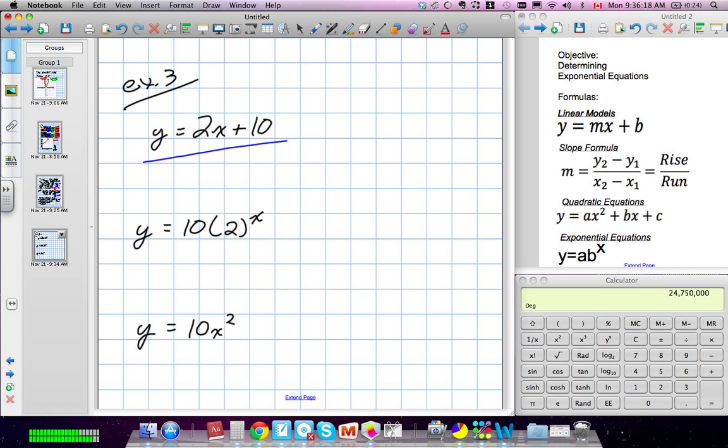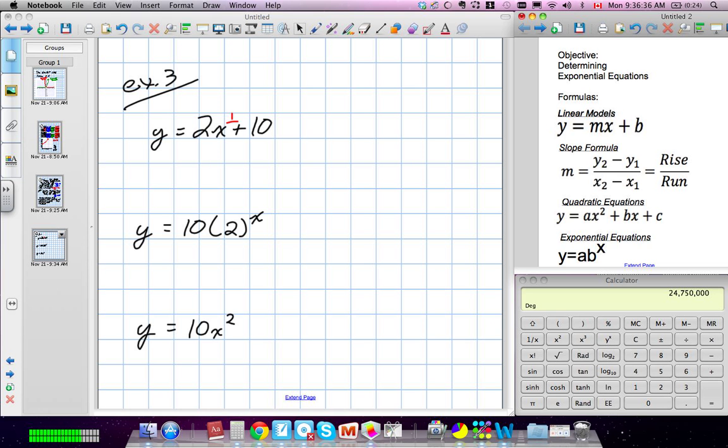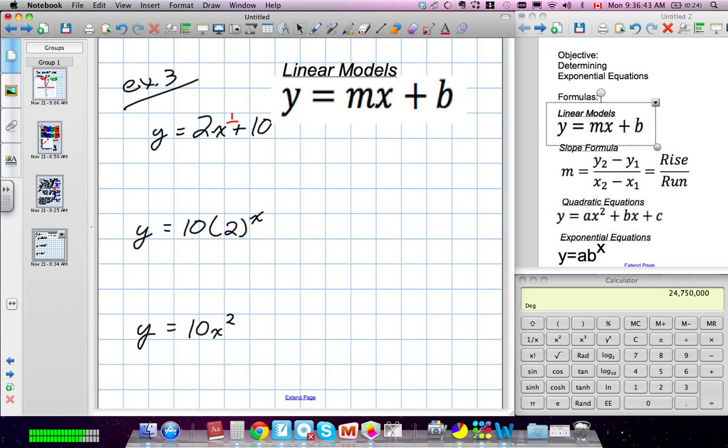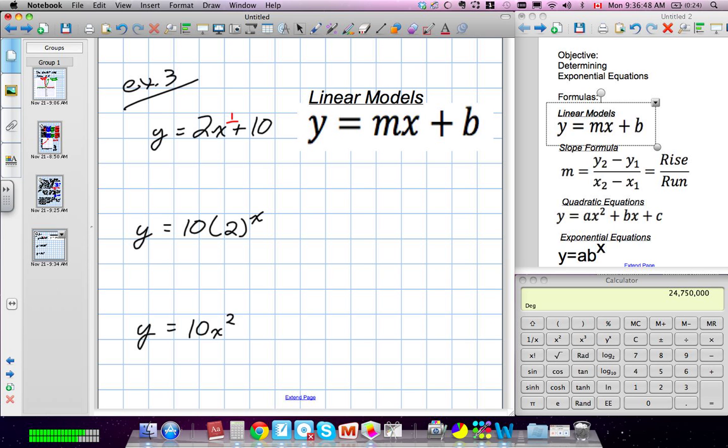How could you tell? It looks like y equals mx plus b. A major way we can tell is the variable, okay, has an exponent of technically 1. And if you notice, that's exactly what this is here. It's in our y equals mx plus b form. There we go. Okay? So that's our linear model.